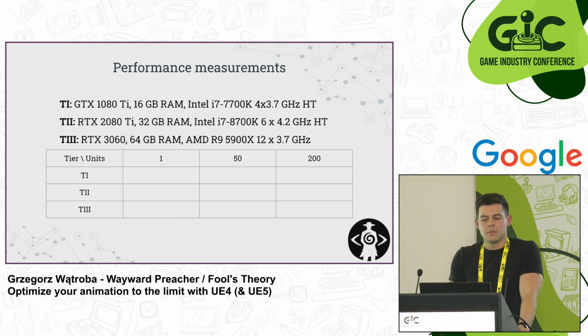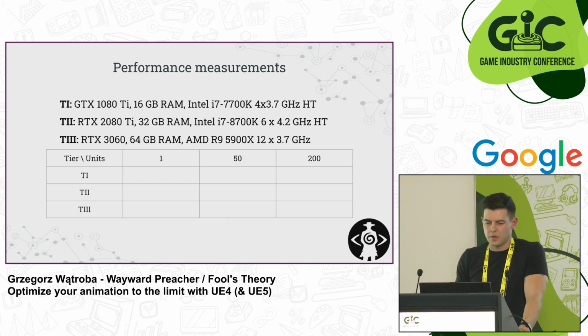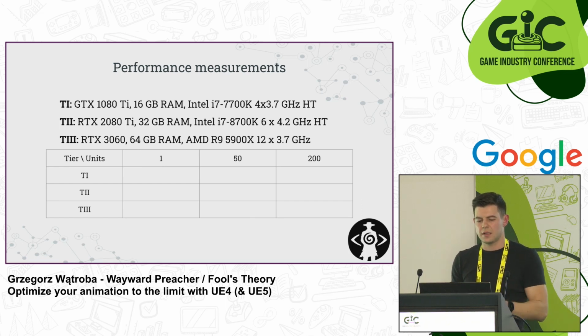Times will be given in milliseconds and compared between unoptimized and optimized versions. Results can sometimes be fuzzy, and as you can see, we don't have the exact types of CPU and GPU to compare between the tiers. So it's not lab-quality testing grounds, but I think it still gives the proper sense of how things actually work.